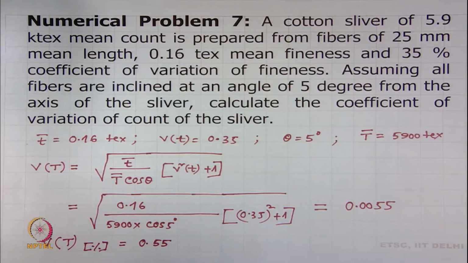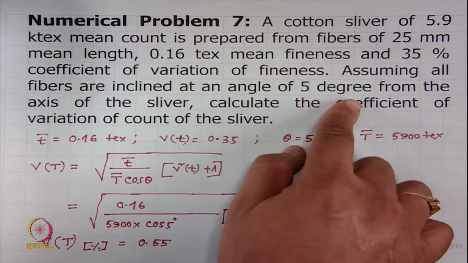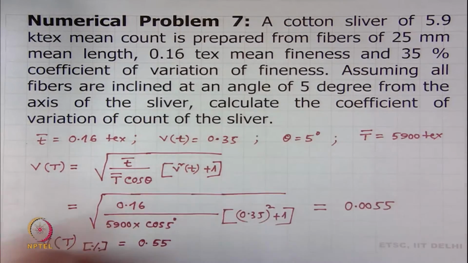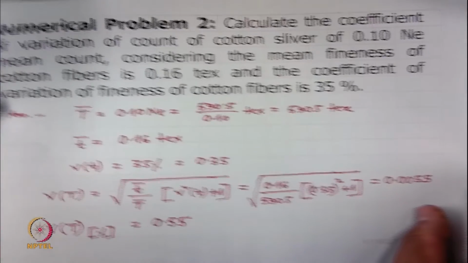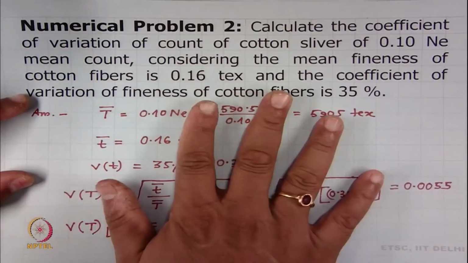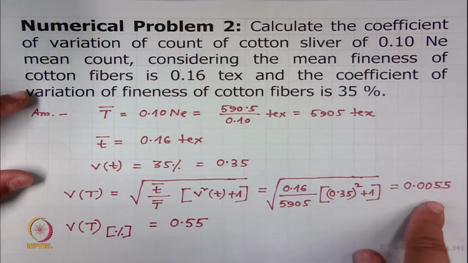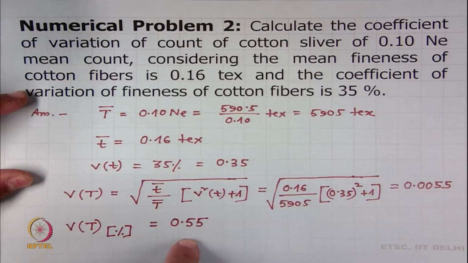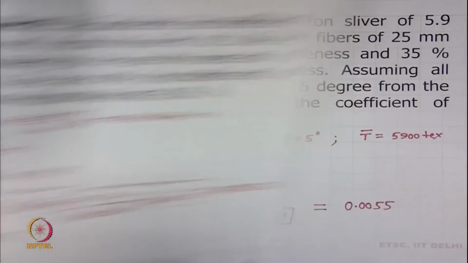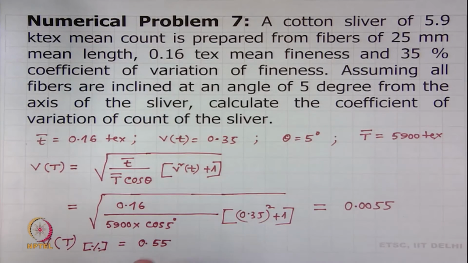This problem seems to be very similar to problem number 2, except the fact that the angle is 5 degree. In problem number 2, the angle is 0 degree. We found this value. When the angle is 5 degree, we found the value remains same.